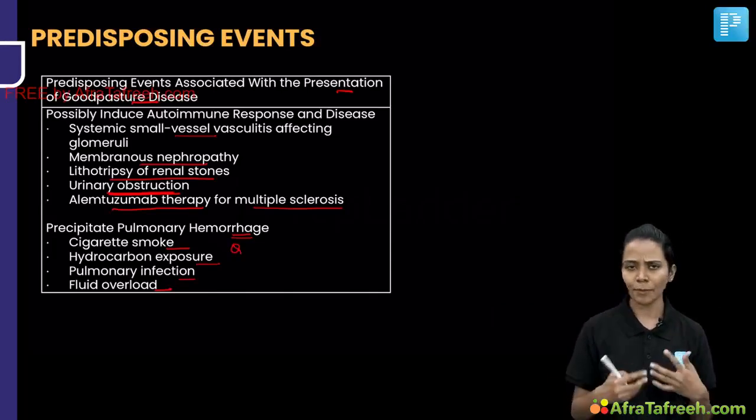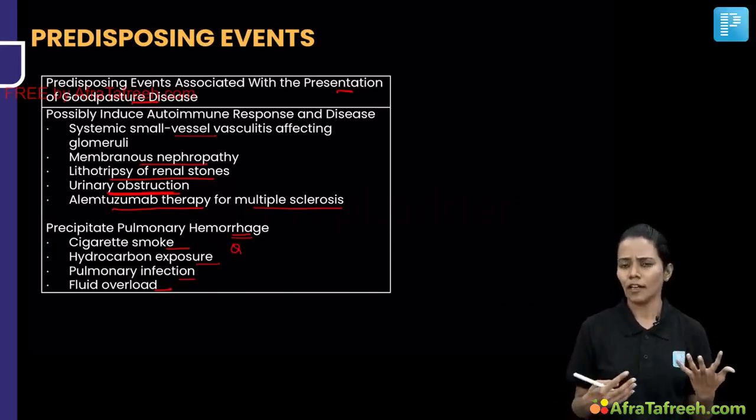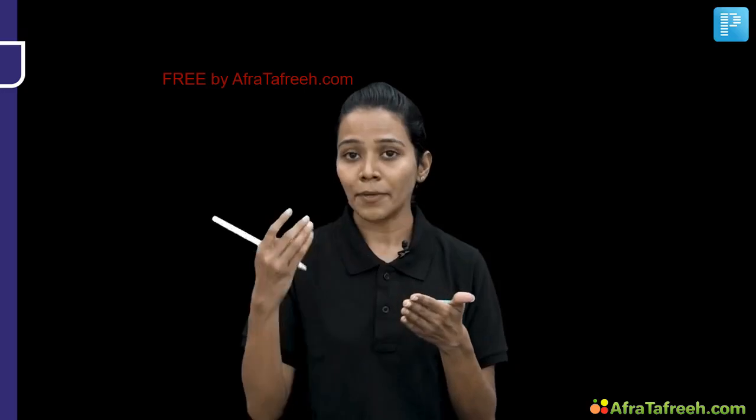You can see that patients who generally present with alveolar hemorrhage are smokers, or they would have had some sort of hydrocarbon exposure. So in a question, for example, you get a 25-year-old male presenting with crescentic glomerulonephritis with breathing difficulty and history of smoking, then your diagnosis should be anti GBM disease.